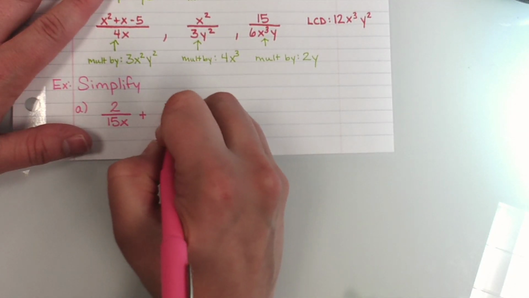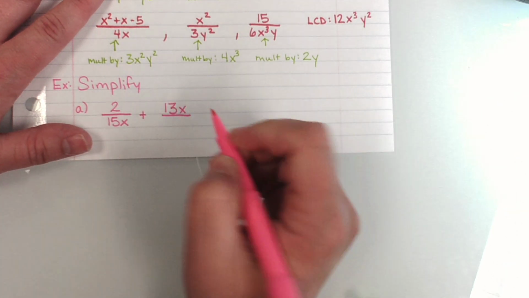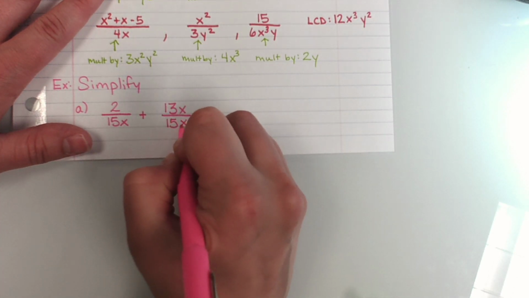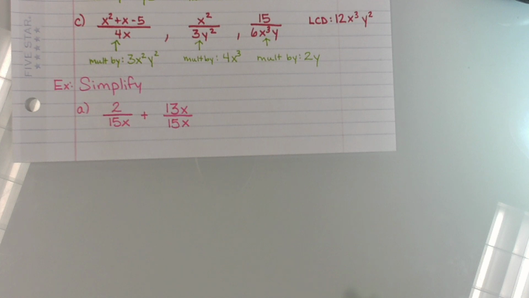That's a ways from now. We're going to start off nice and easy. When you start the process of simplifying, check that operation.